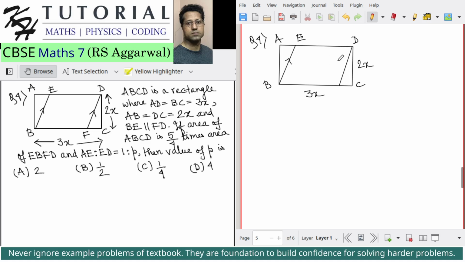Obviously, since ABCD is a rectangle, AD is parallel to BC, which means that EBFD is a parallelogram.